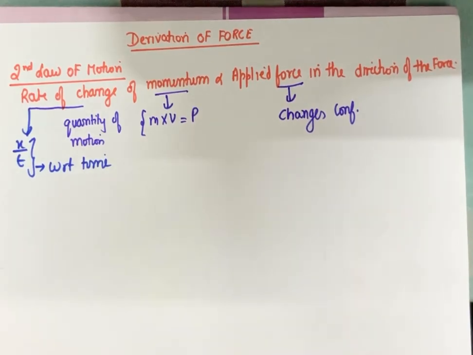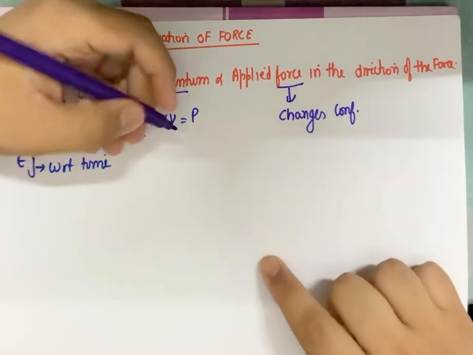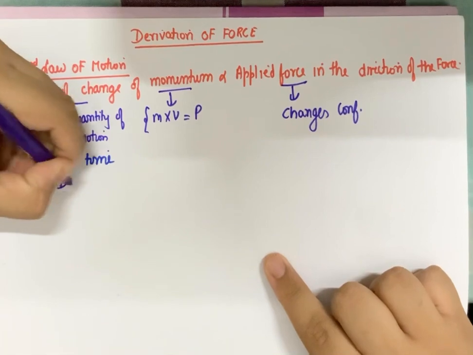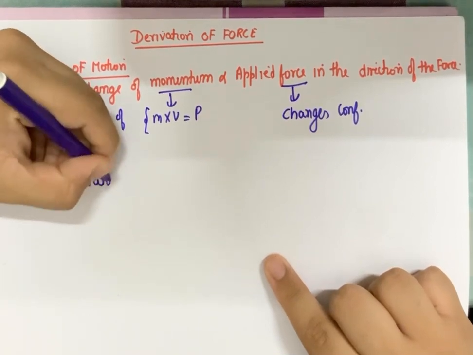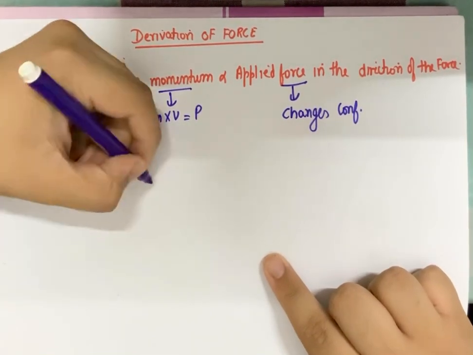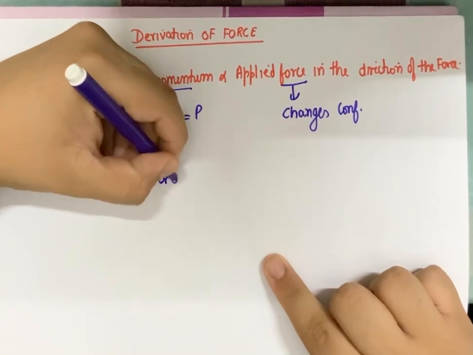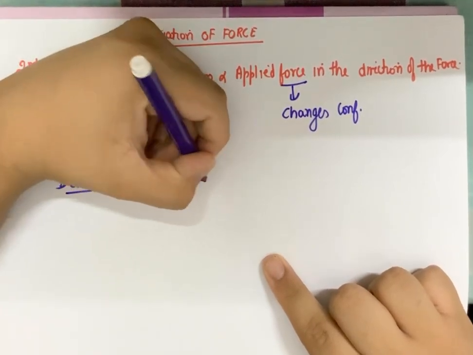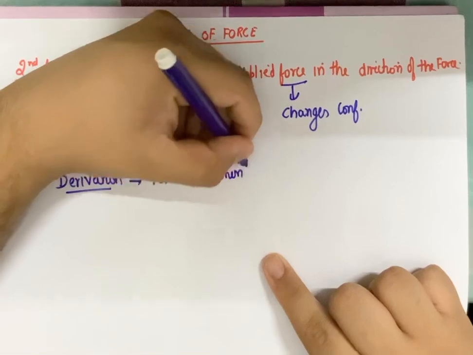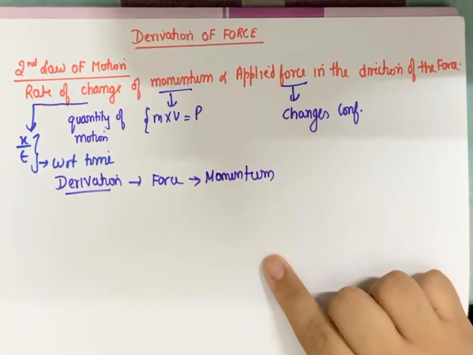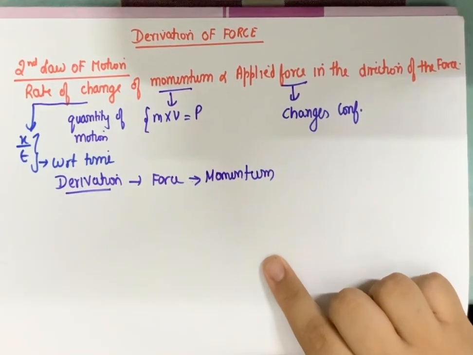Let us get started with the derivation. What I basically have to do is find force from momentum. Using momentum, I will find the formula of force to relate to the second law of motion.